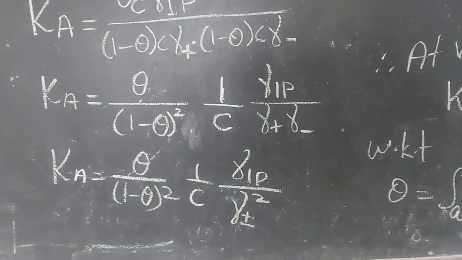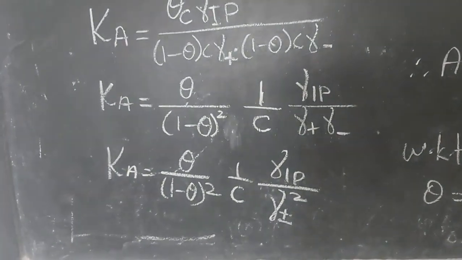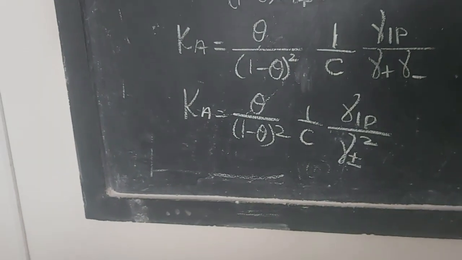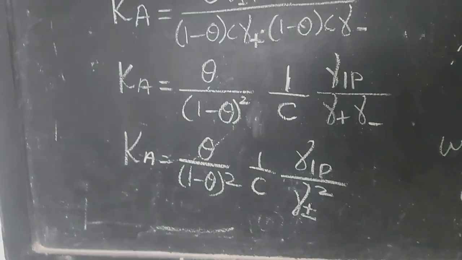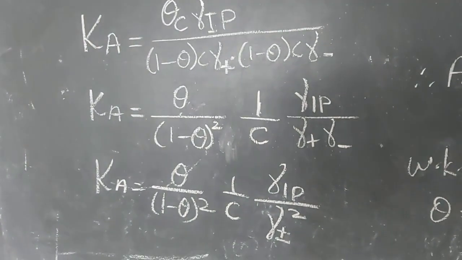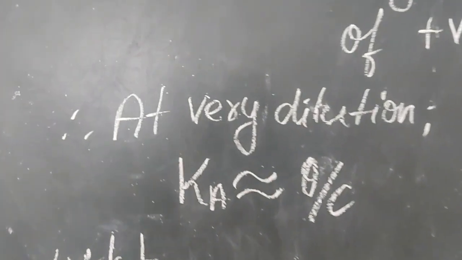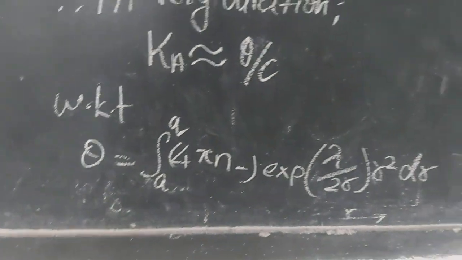And if we consider this equation at very high dilution, we will get Ka approximately equal to theta by c, and the other terms will be cancelled.